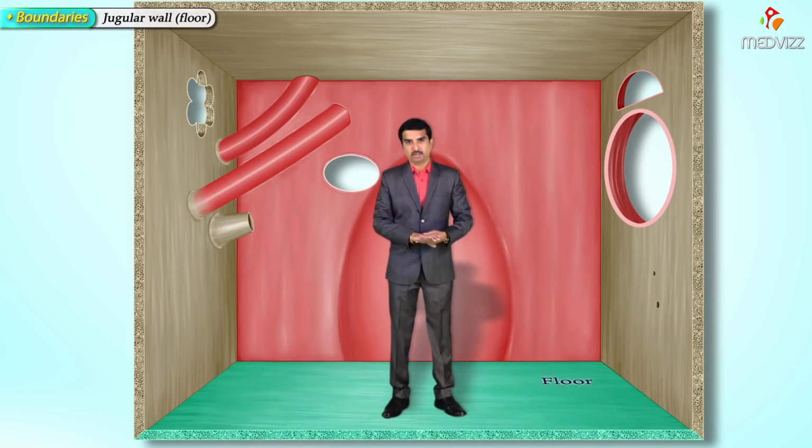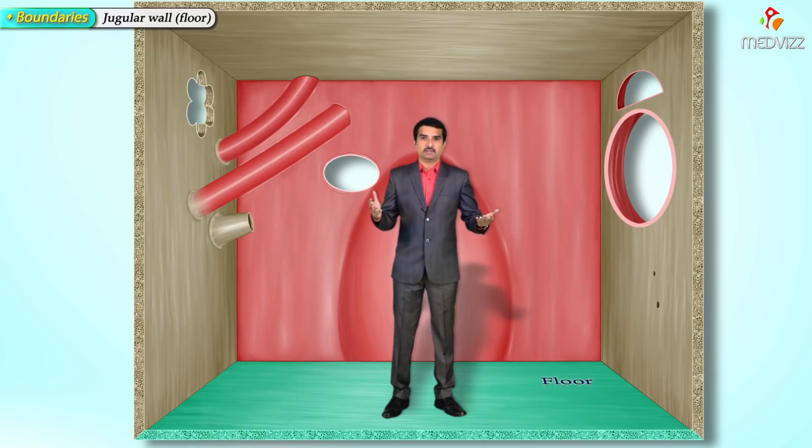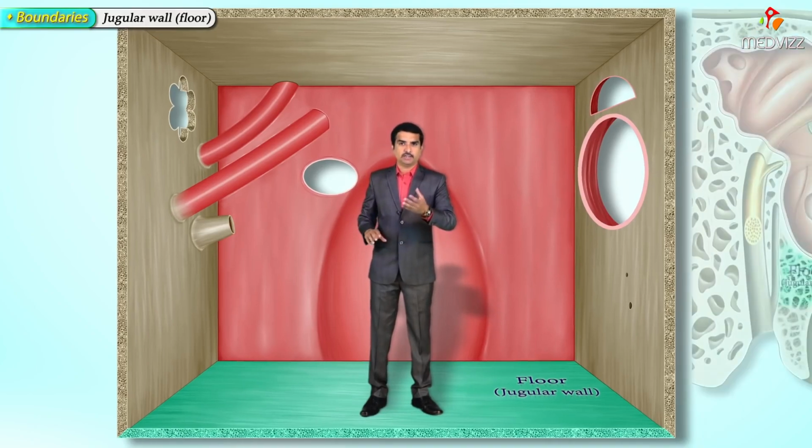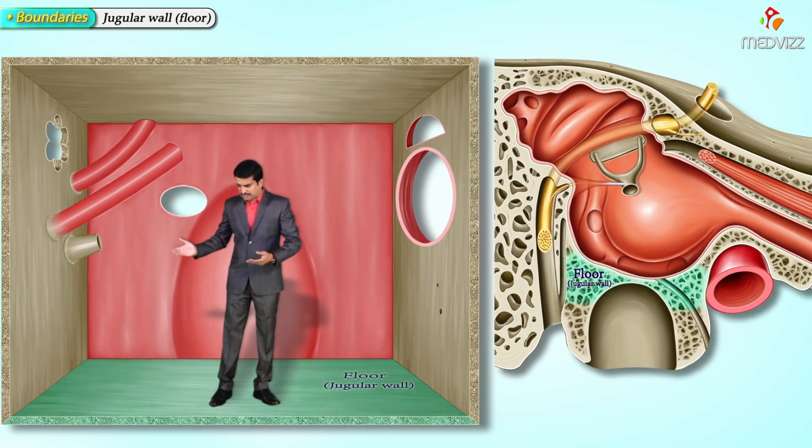After discussing the roof, now let us discuss the floor of the middle ear cavity. As we said, the tegmental wall is called the roof, and the jugular wall is called the floor. It is formed by a thin layer of bone.